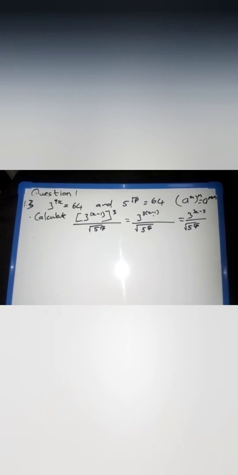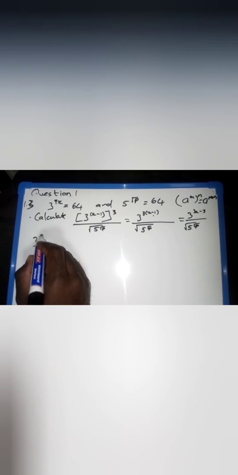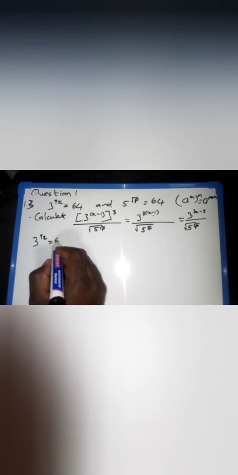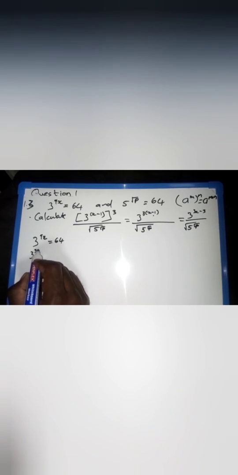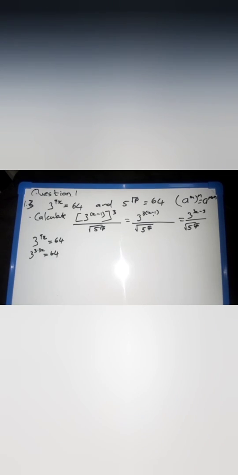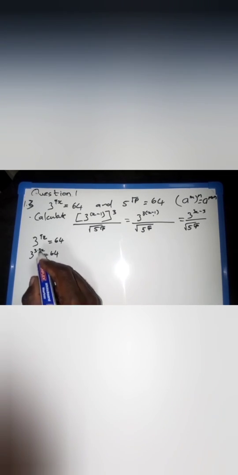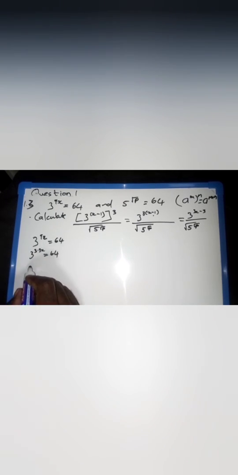Now looking at what we've been given, we've got 9^x equals 64. This can be written as 3 squared, all to the power x, which is 3^(2x)... then we take out the exponent so we have 3^(3x) to the 3 like that equal to 64.